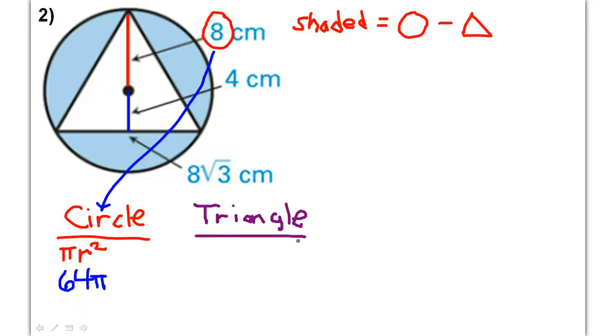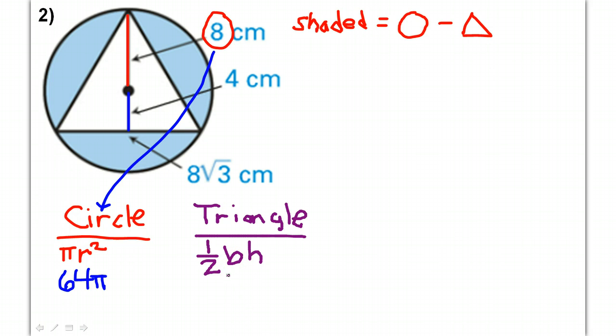Base times height, but so far that's a parallelogram or a rectangle. One half. Okay? Try to remember this, guys. The formula for the area of a triangle is 1/2 base times height. I put it up there for you if you needed it.